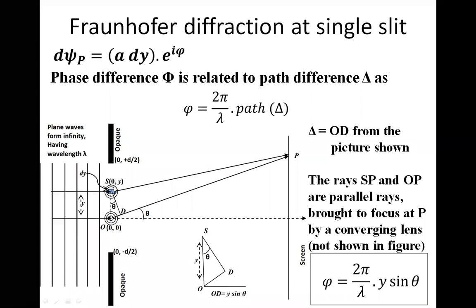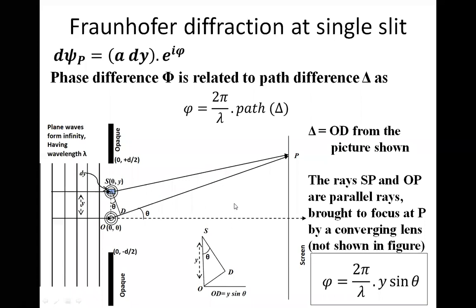I'm taking a general point. So this general point is differing in path from O by how much distance? That's what I was trying to calculate. That's why I took it. And I already warned you that SP and OP are not inclined rays. They are actually parallel rays. The diagram depicts something. Actually, I should draw some convex lens, but that will create some more confusion.